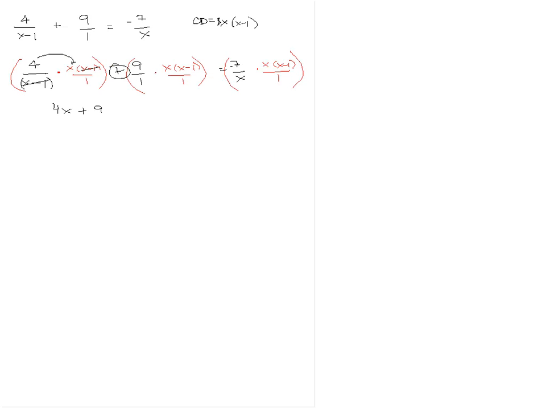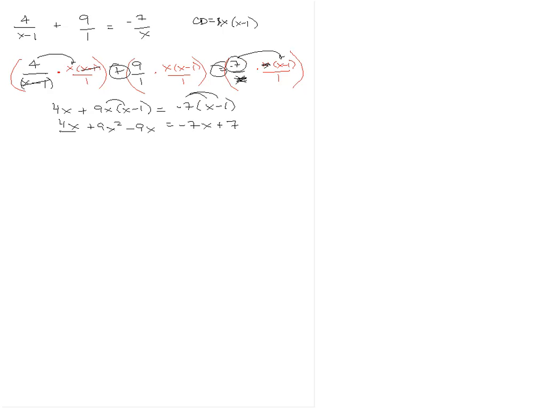So I have 9 times x minus 1 equals, here the x's go away, so I'm left with negative 7 times x minus 1. All right, so now we multiply out. 9x times x is 9x squared, and 9x times negative 1 is negative 9x. Negative 7 times x is negative 7x, and negative 7 times negative 1 is positive 7.